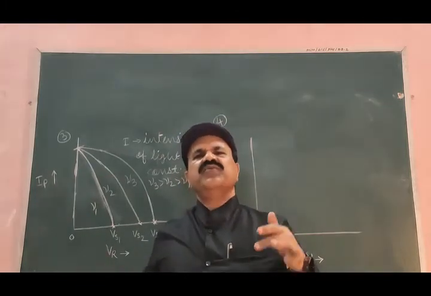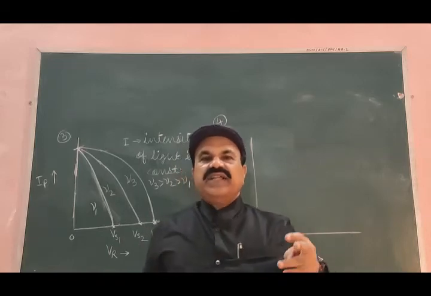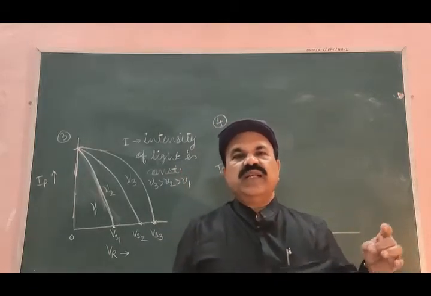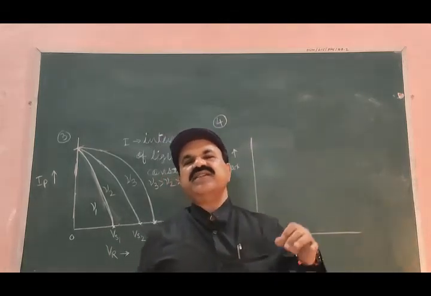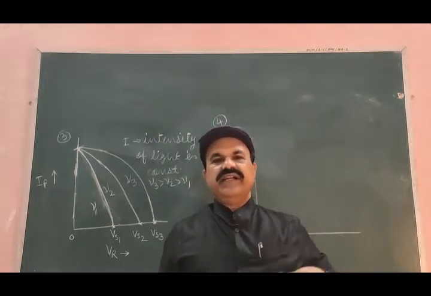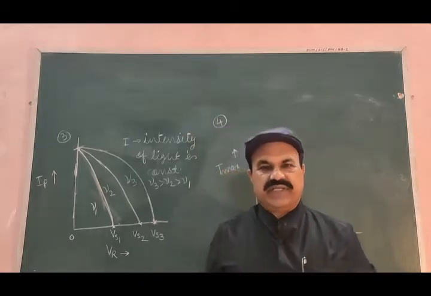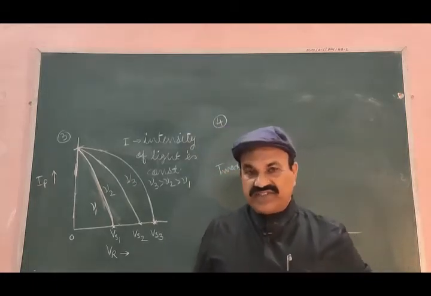What conclusion can we draw from it? The average kinetic energy of the photoelectrons is dependent on the frequency of light falling. It is independent of the intensity of light falling on the photocell. What does this mean?